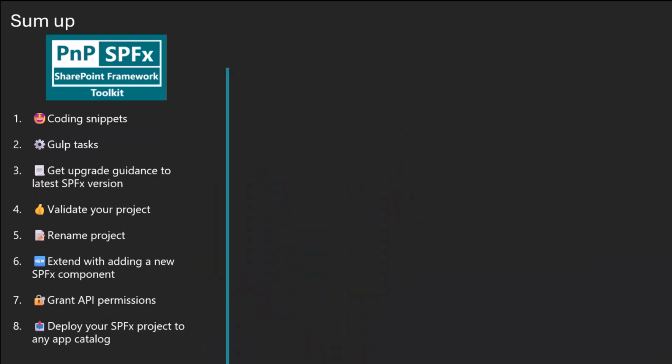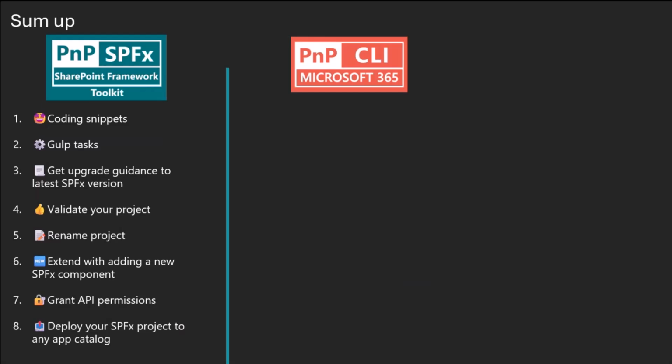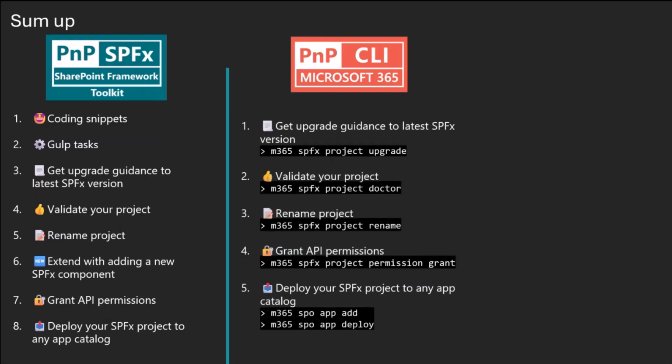But if you are more of a person who wants to use the terminal, of course, very similar functionalities, not all of them, but similar ones, can be used directly using the CLI for Microsoft 365. And here I listed the commands that should be used to mirror the same functionalities of the SPFx Toolkit. So actually, the SPFx Toolkit uses the CLI to provide those functionalities. It all depends if you are more into VS Code and UI, or the terminal.